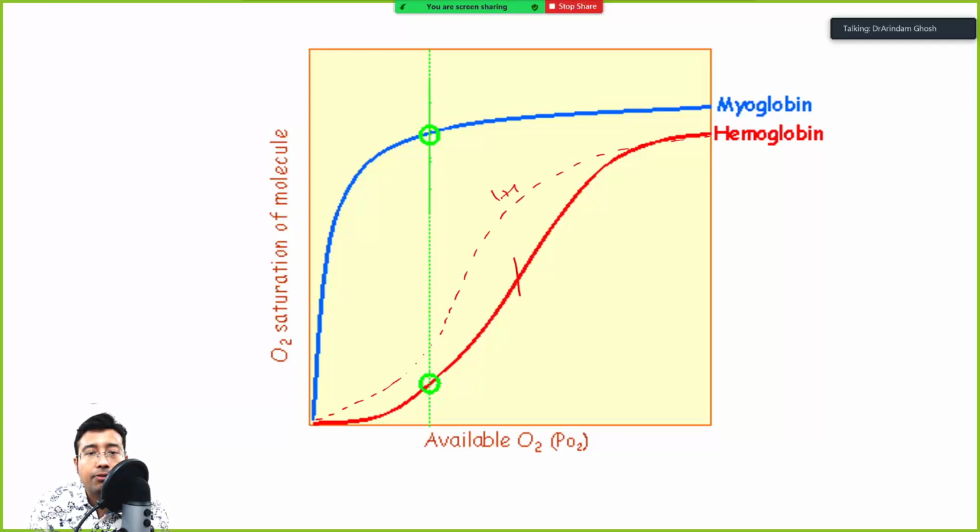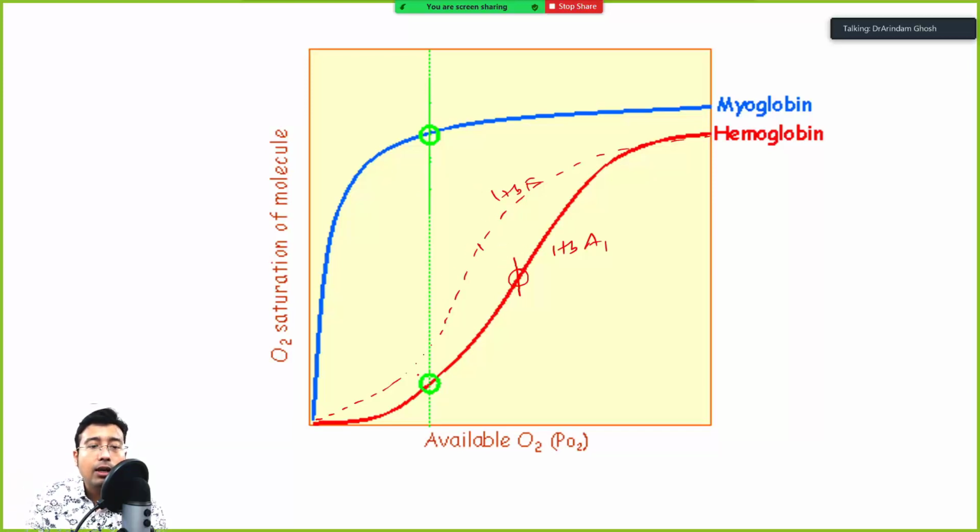This is HbF, for example, because for HbF the curve shifts to the left, and this is HbA1, right? So in case of HbA1, at 27 it is half saturated, right? And below 27 it falls off. In case of fetal hemoglobin, it is half saturated at 22. Below 22 it will fall off.